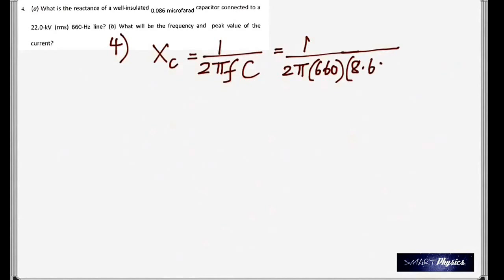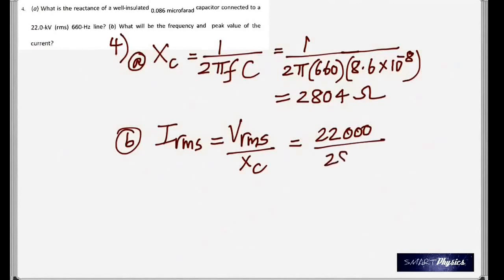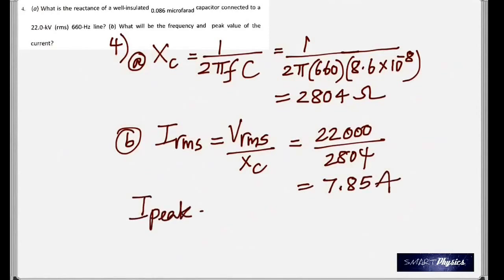So, microfarad is 10 to the minus 6, but it's 0.086, that's why it's 10 to the negative 8. So you get 2,804 ohms, and the RMS current is again VRMS by XC, which is 22 kilovolt, 22,000 divided by 2,804, 7.85.